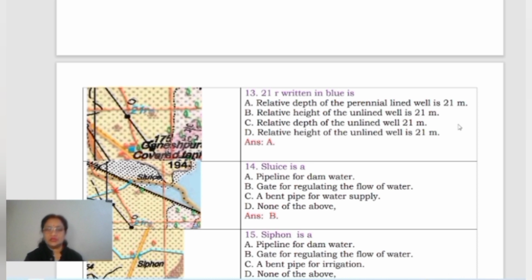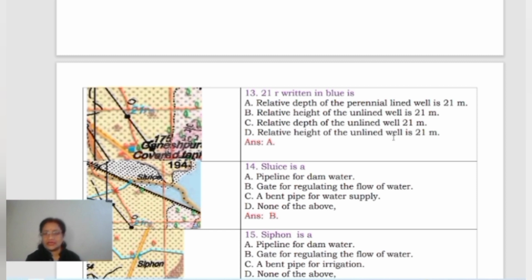So children, the next question is, 21R written in blue is indicating what? Two options are given, relative depth. A and C are: relative depth of the perennial lined well is 21 meters, and relative depth of the unlined well is 21 meters.